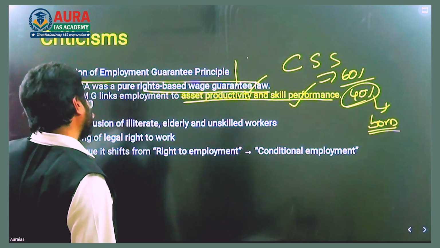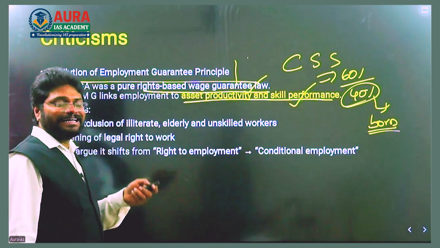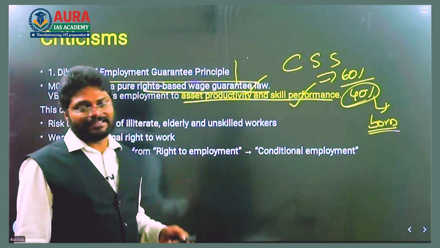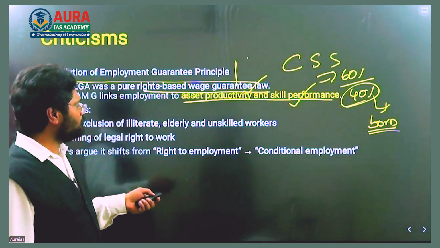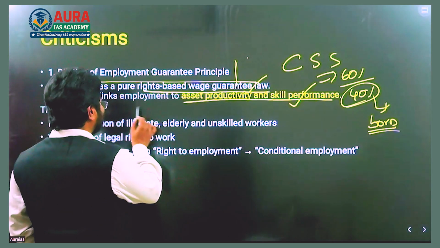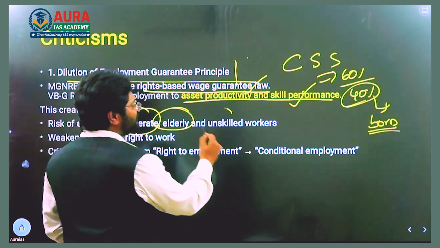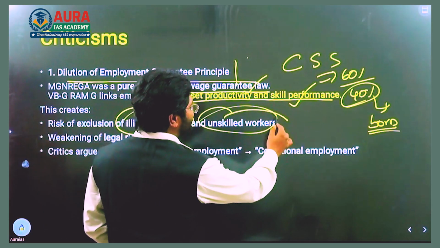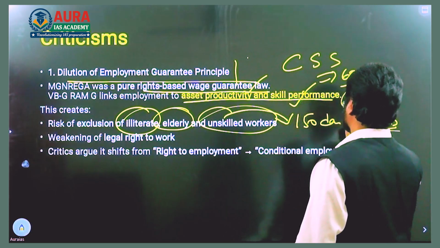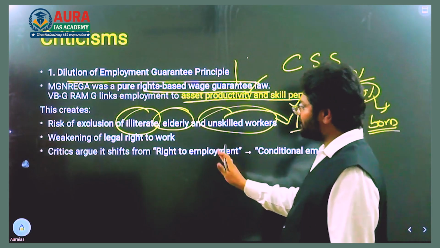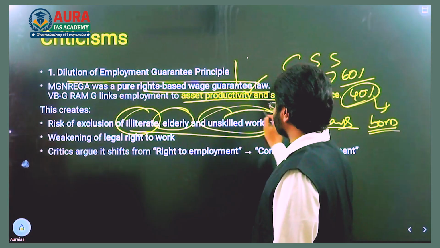Now you can see, by saying asset creation, the workforce is classified into skilled, unskilled and semi-skilled. So illiterate, elderly and unskilled workers may be excluded from the 150 days of work. Generally poverty is very high among these categories.